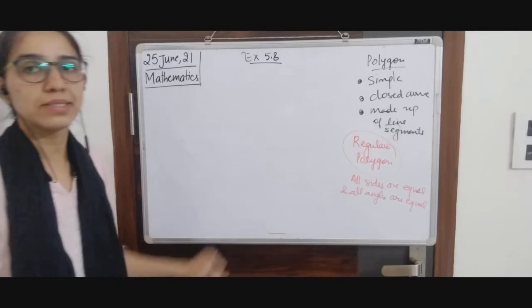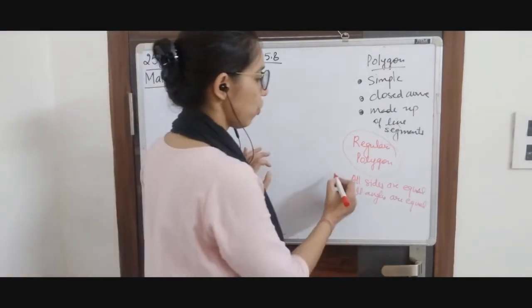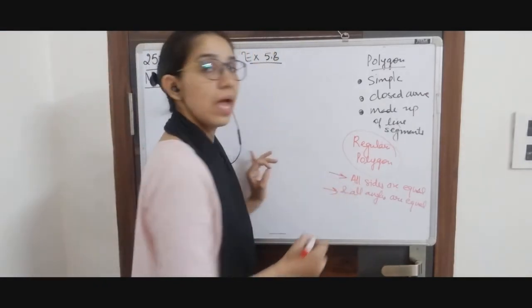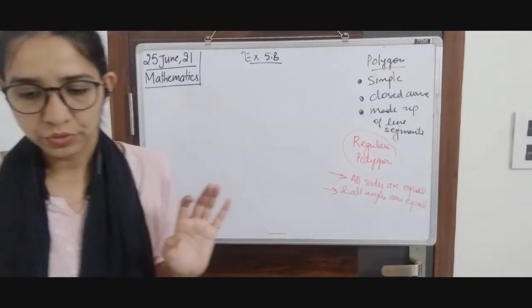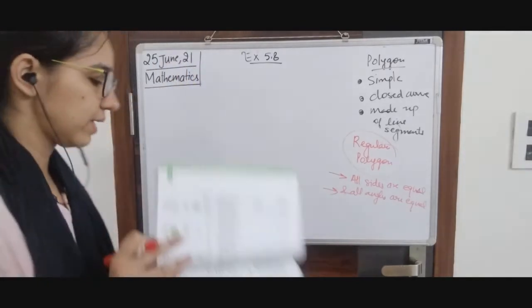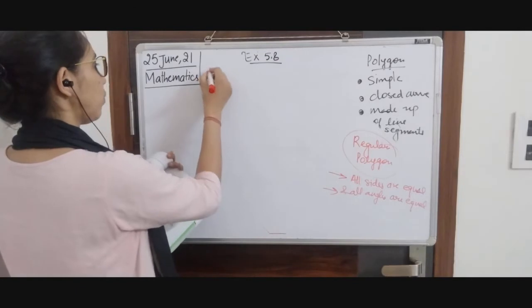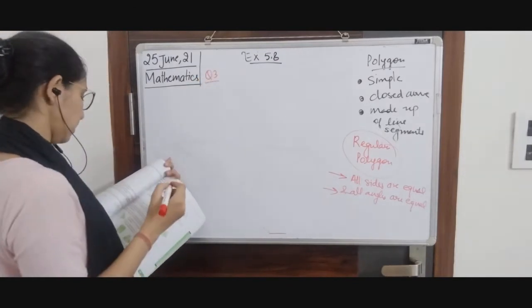Regular polygon means the polygon in which all sides are equal and all angles are equal. So we are talking about a regular hexagon. In question number 3, we are talking about a regular hexagon.